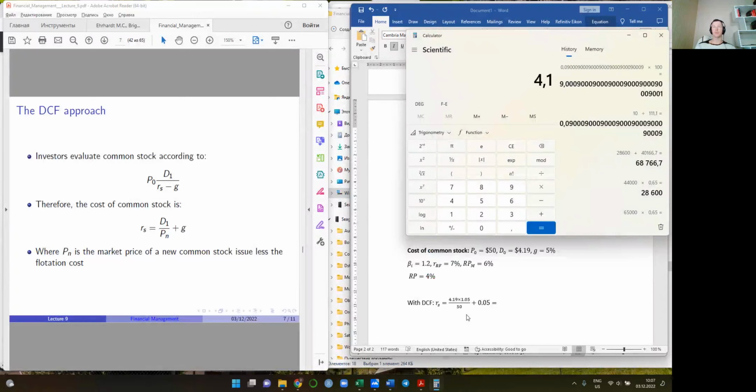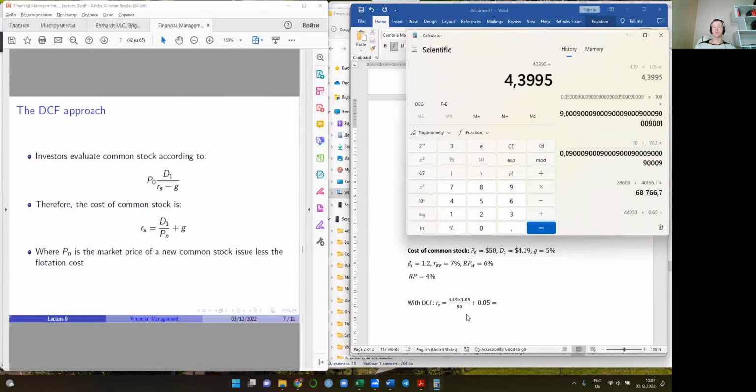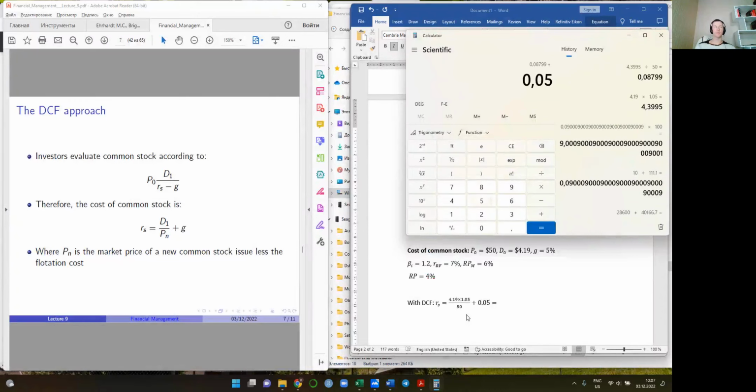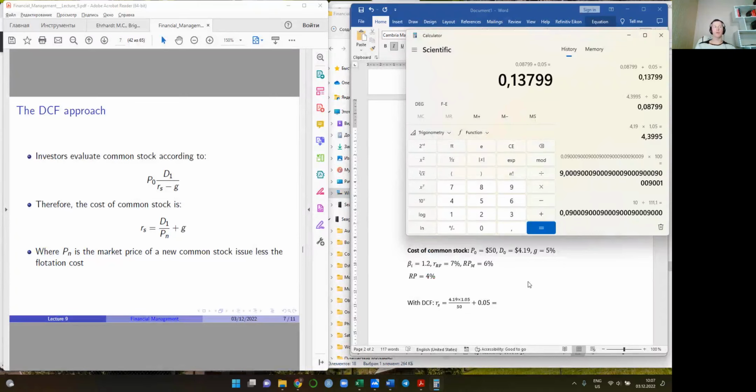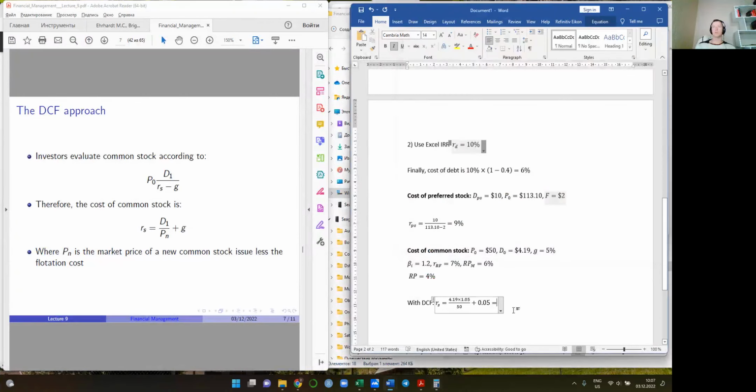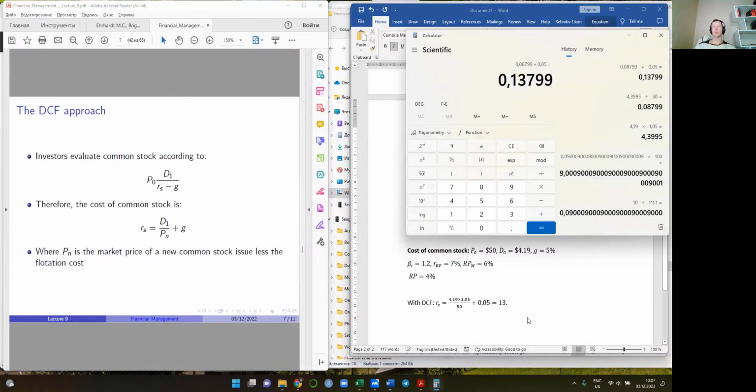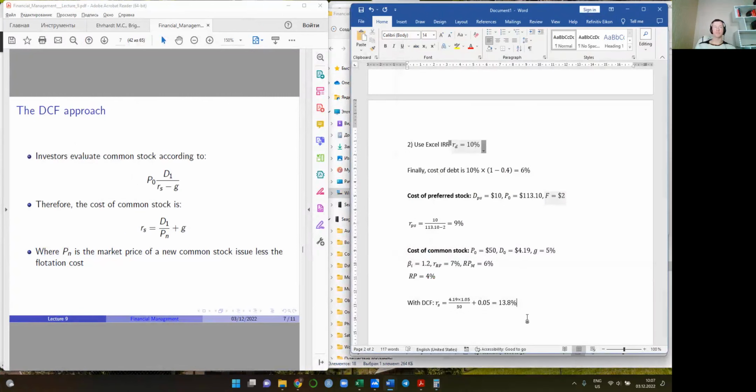So we have 4.19 times 1.05 divided by 50 plus 0.05, which is 13.8%.